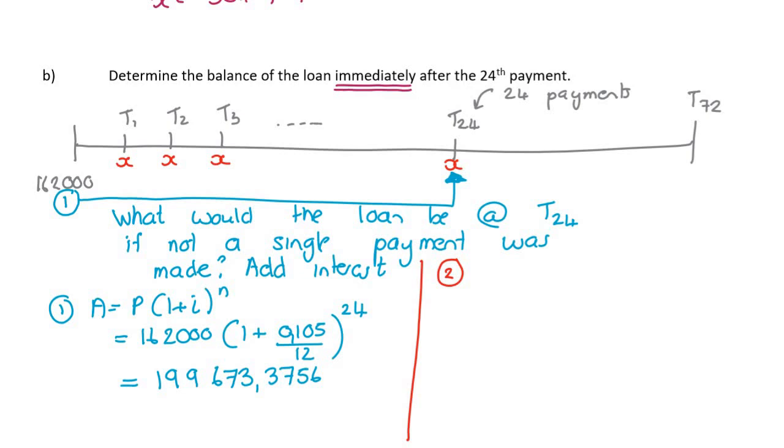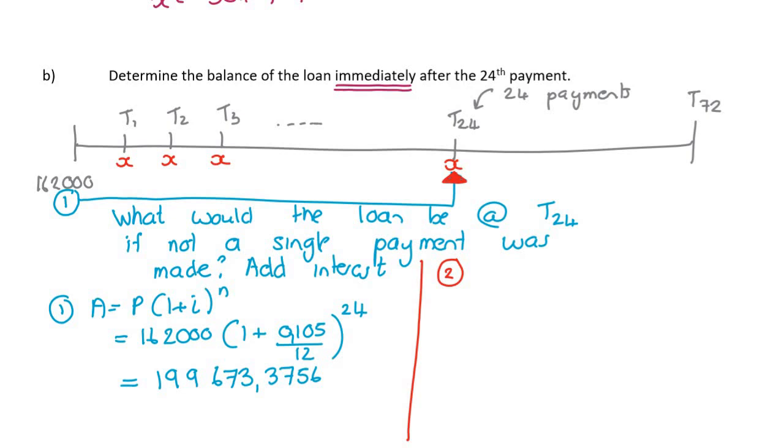Now, the most important thing in financial maths is to remember that you can only add and subtract money if you find out what it's worth at the same time. So I have found out what my loan is worth at time period 24. Can't I figure out what all these payments are all worth at time period 24? Because then I can say, well, here's the value of my loan, here's the value of my payments.